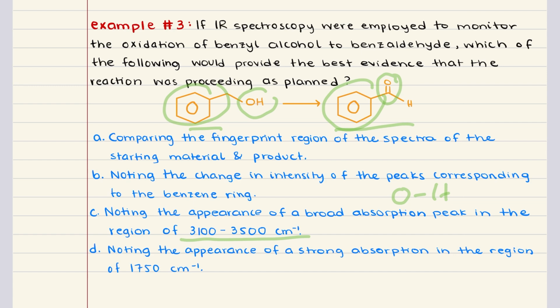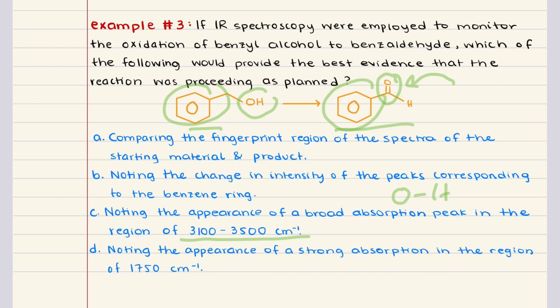D says, noting the appearance of a strong absorption in the region of 1750 wave numbers. So this is going to be the correct answer. That's exactly where we would expect to see a carbonyl stretch, specifically a carbon-oxygen double bond.